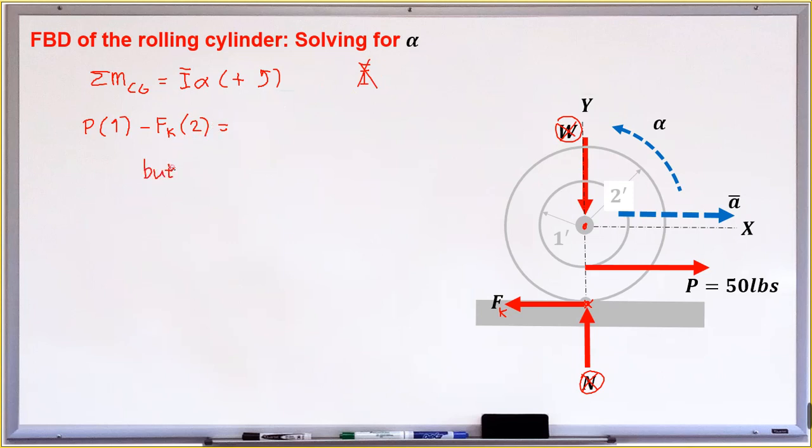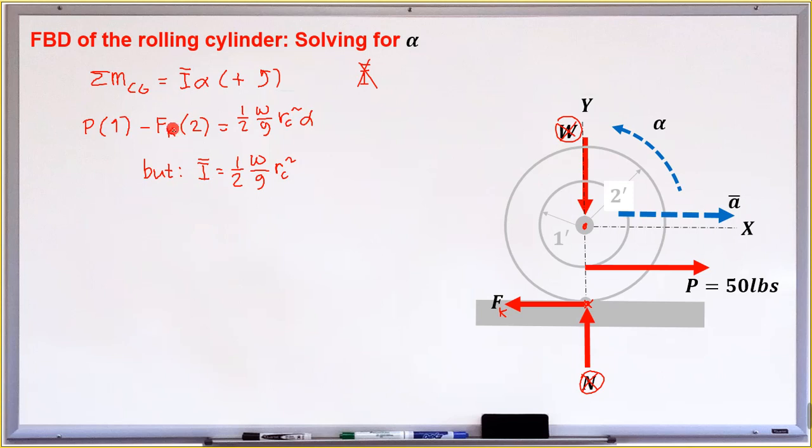Since this is a solid cylinder, the formula for its centroidal mass moment of inertia is I bar equals 1/2, don't forget this one, W over G, the weight of the solid cylinder, times the square of its radius, RC square.